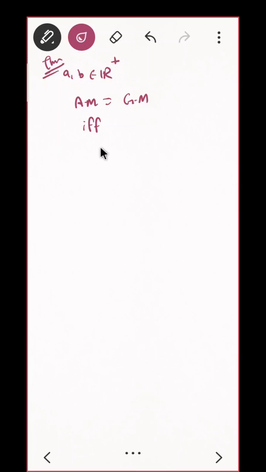Yes, anyone? Try to see what your AM is. Okay, a and b are 1. Anyone else? Try to observe the thing. If you put a and b as 1, then that is perfectly alright. What about if I put a and b as 2?